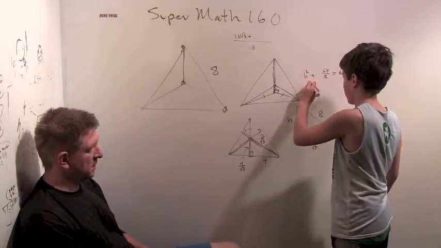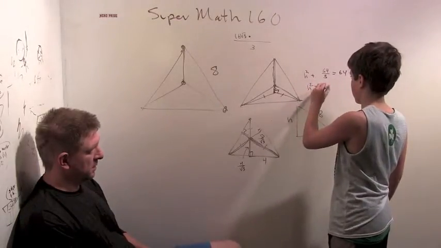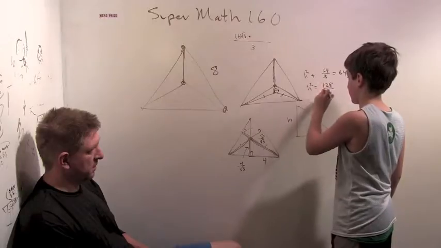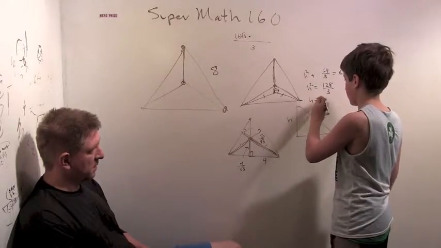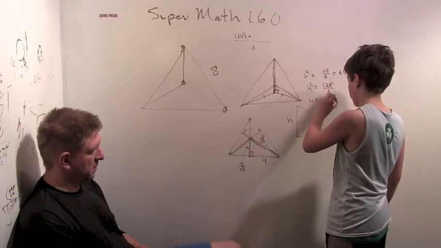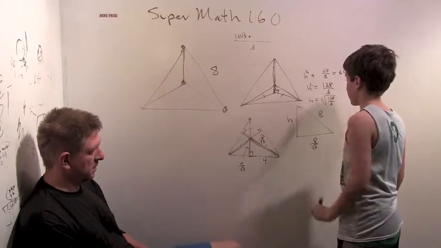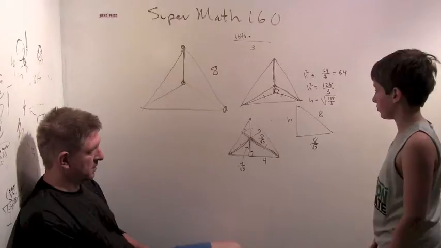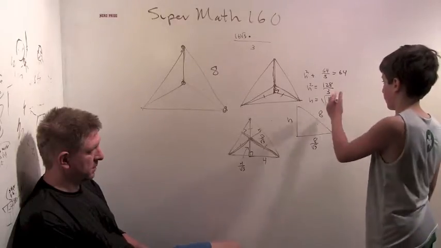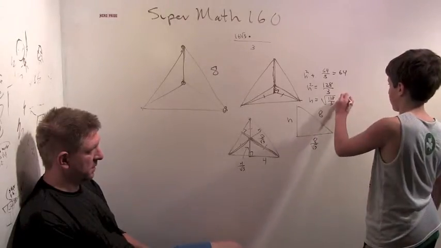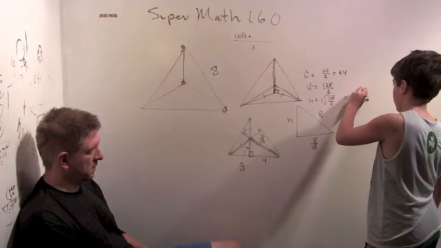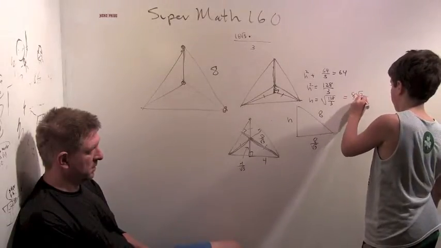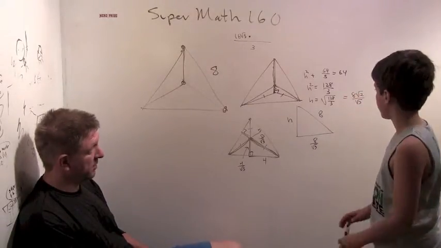So h squared is 128 thirds. Okay. So h is the square root of 128 thirds. 128 is 8 root 2 squared, so it's 8 root 2 over the square root of 3. Okay, good. So that's our height.